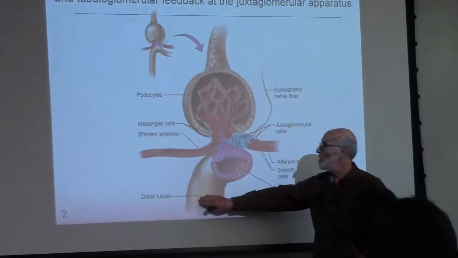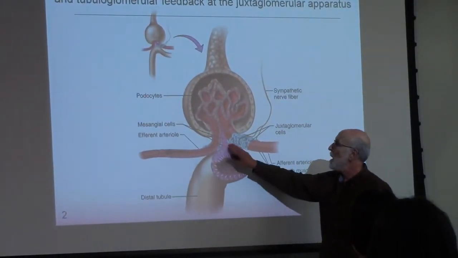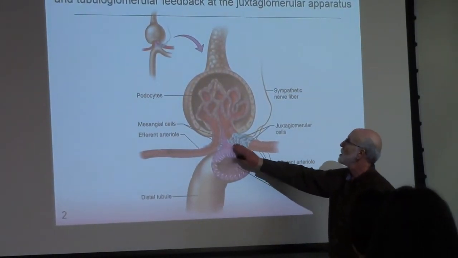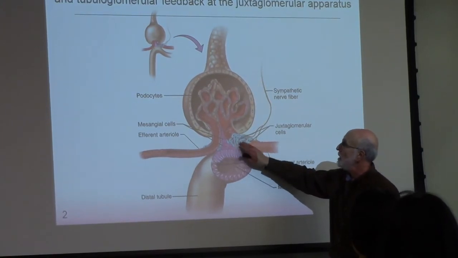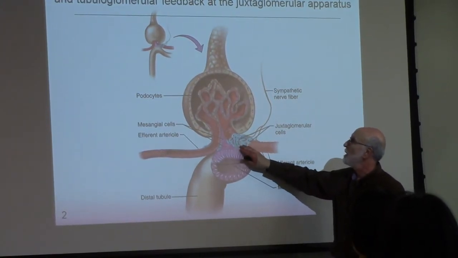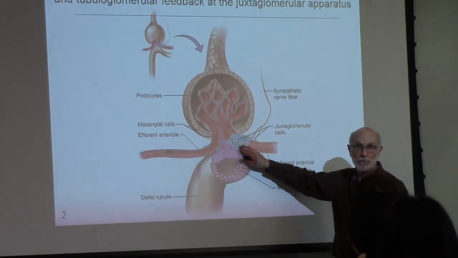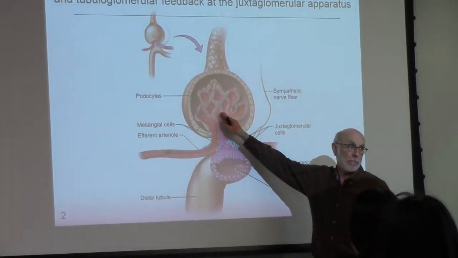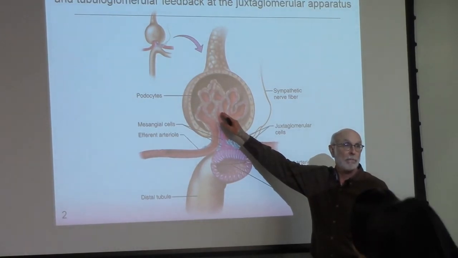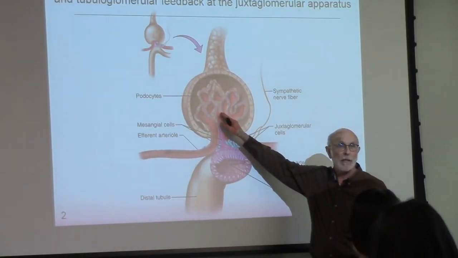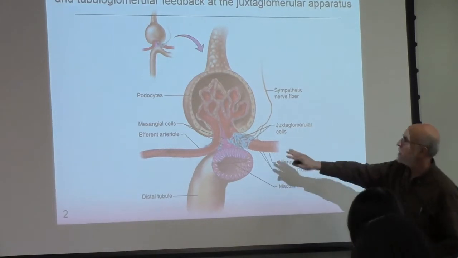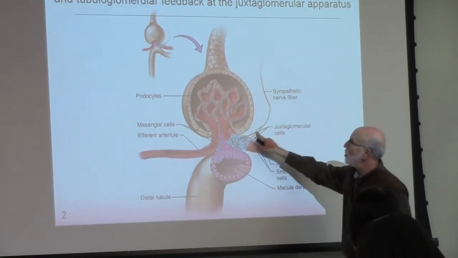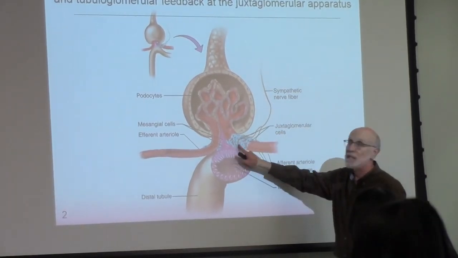The macula densa of the distal tubule makes contact with the juxtaglomerular cells and the cells of the afferent arteriole to control arteriolar diameter and to control GFR. So we're no longer looking at this input, we're looking at this feedback.